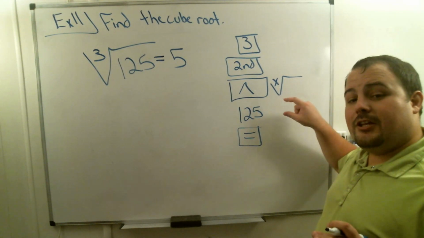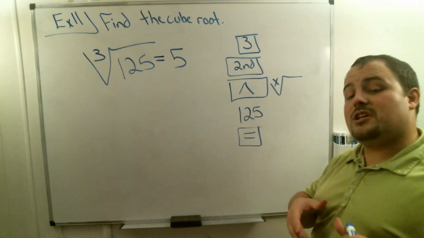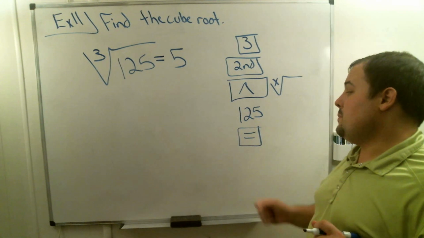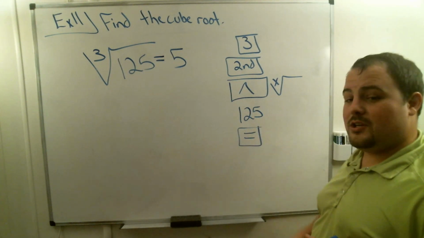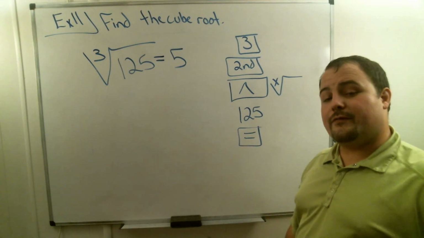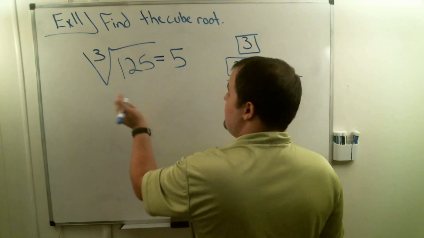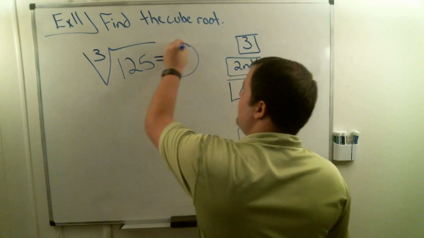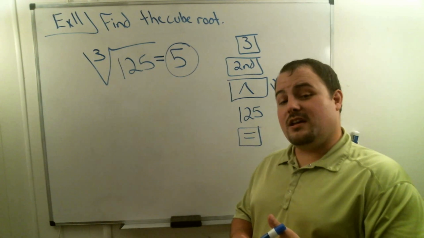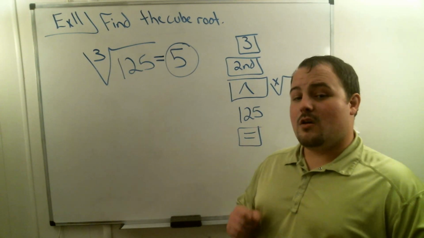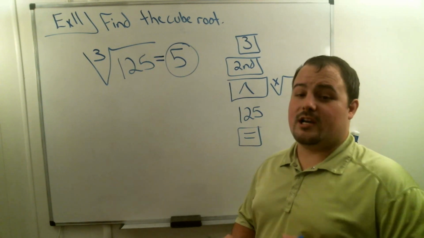The x is telling your calculator that the 3 is the number you're putting in for x, which tells your calculator you're taking the 3rd root. Then all you have to do is type 125, press equals, and your calculator will tell you that 5 is the answer. So if you type in the 3rd root of 125 in your calculator, you should get 5 as your answer. And in this case, it's not the positive and negative, it's just the positive. When you're doing something to the 3rd root, it's either going to be a positive answer or a negative answer.